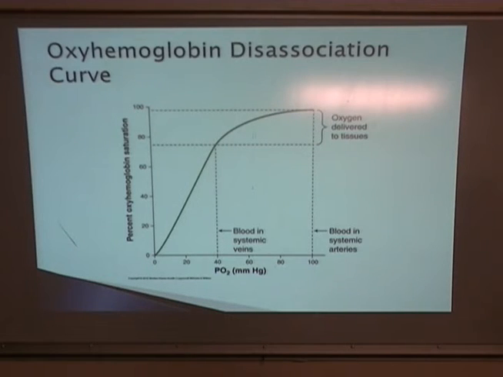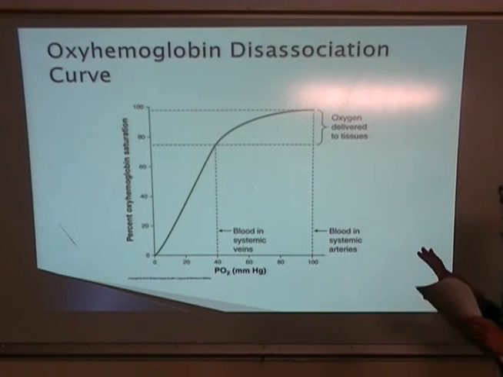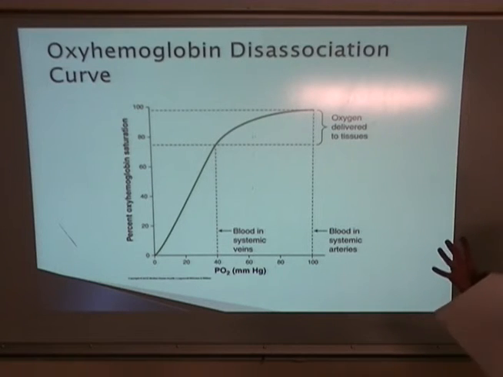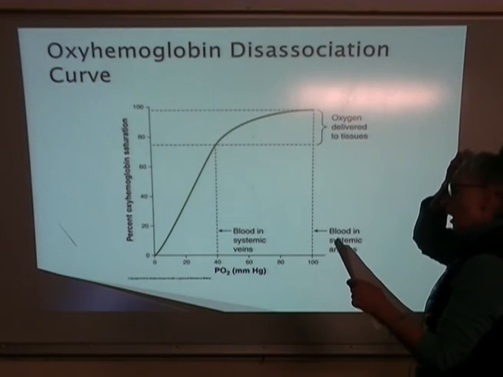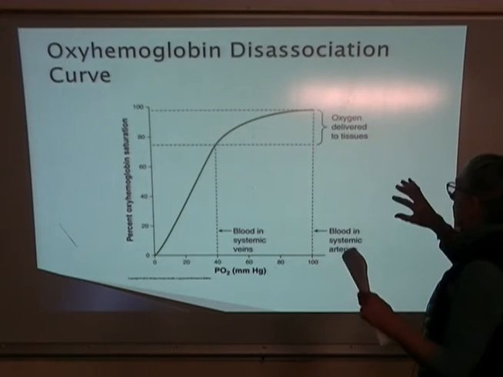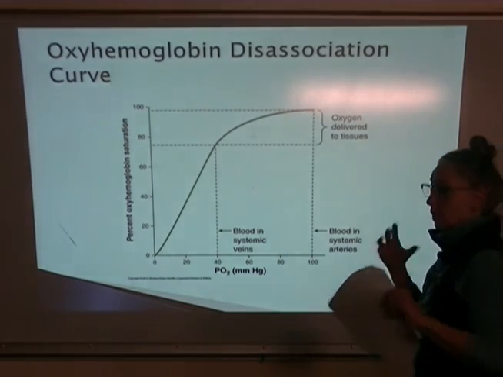So, our friend, the oxyhemoglobin dissociation curve, which is just a horrible name, it's far too many big words, right? So this curve is a little complicated to follow, so I'll do my best to explain it. It explains the ability to bind and release oxygen at the correct place, right?